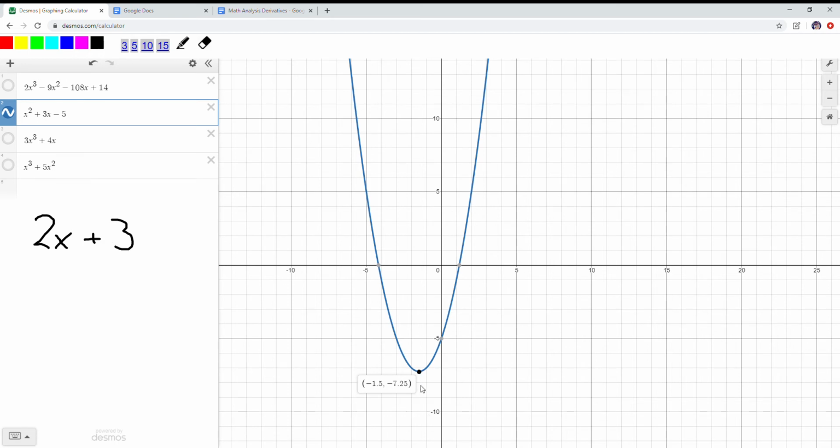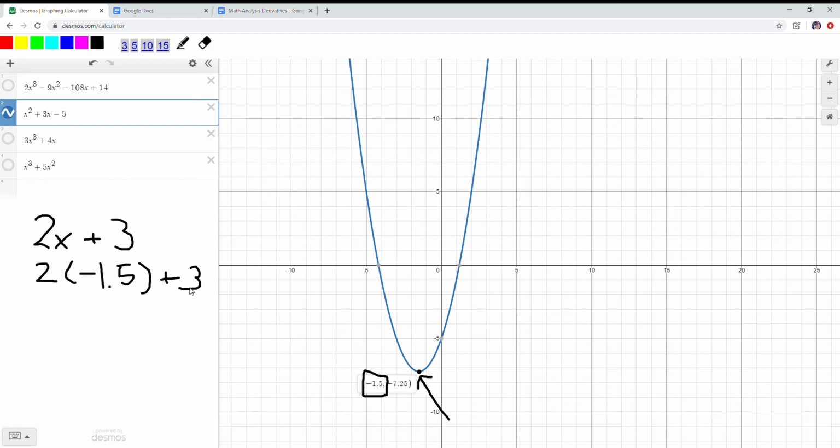So if we look at this point where it seems the line is changing direction at negative 1.5, and we plug that in, well, 2 times negative 1.5 is going to be negative 3, and negative 3 plus 3 is 0.